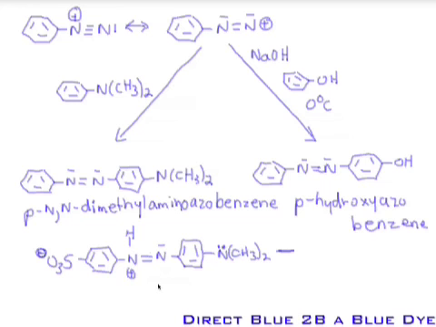The last molecule I'm going to deal with is a very large one, and I want you to be able to recognize it and just give it to you as an example of the extensive delocalization required to produce a blue color. What you see here is a molecule that is used as a blue dye.